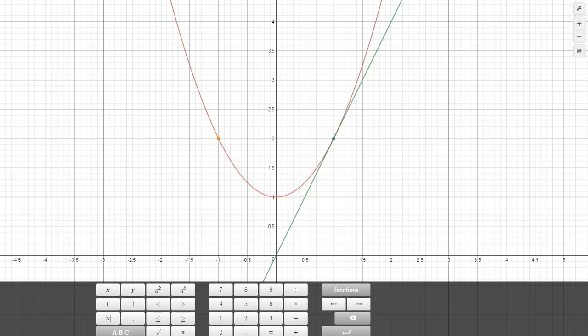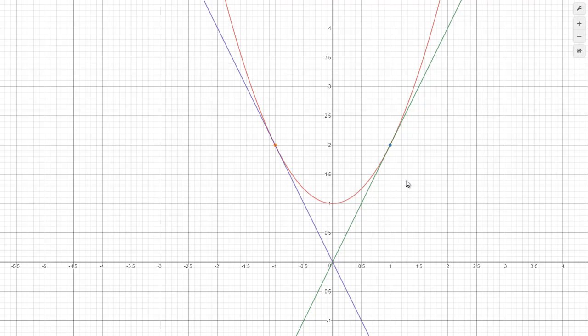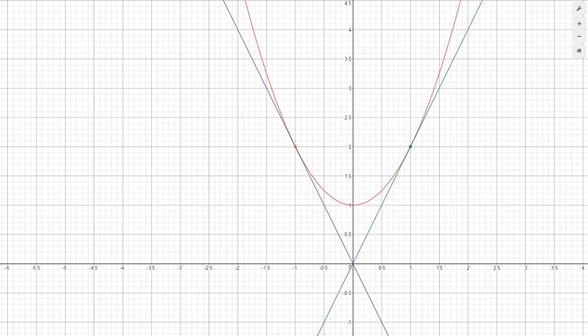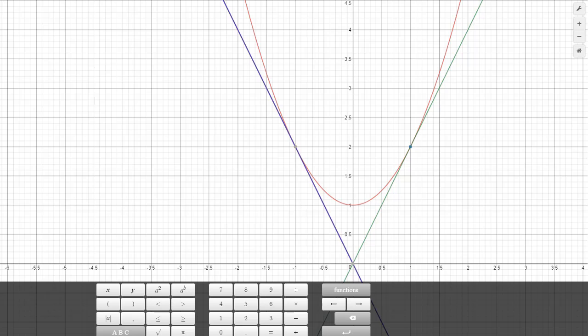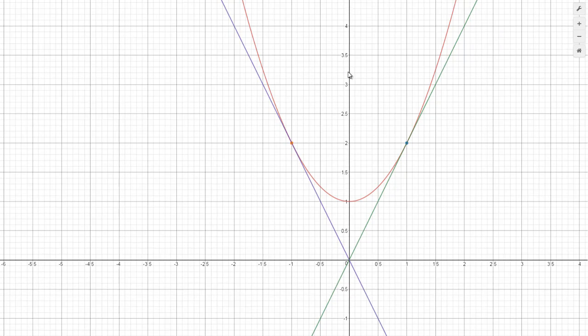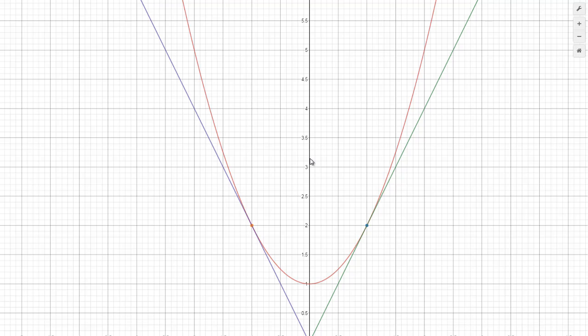Well, I think y equals negative 2x will do it. Remember, we found the slope to be negative 2, and if we apply the point-slope form, we would get the equation y equals negative 2x. So there are the two tangent lines for those two slopes that I found.